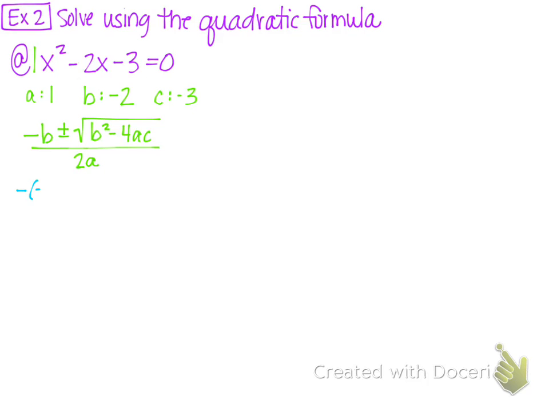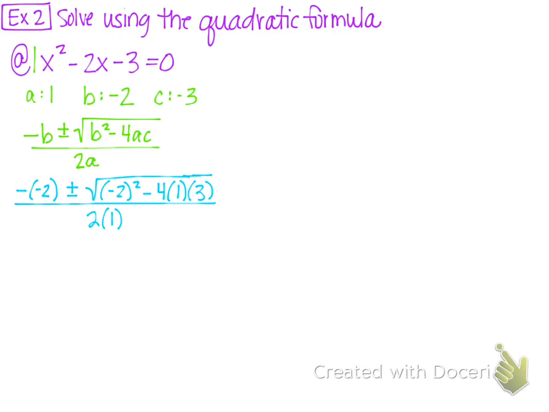So we got to practice safe parentheses, and we put negative of our b, which is negative 2, plus or minus the square root, use some parentheses, we have negative 2 squared, minus 4 times our a, which is 1, times our c, which is 3. And this is all over 2 times a, and our a is 1 in this case.